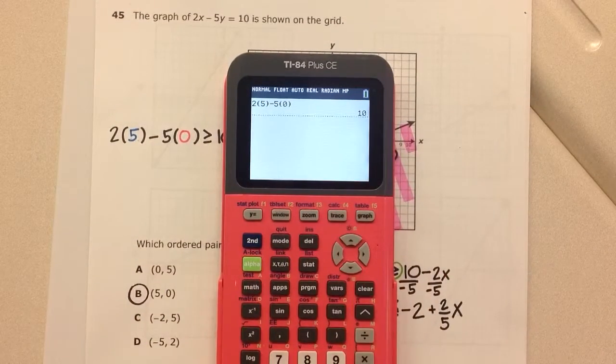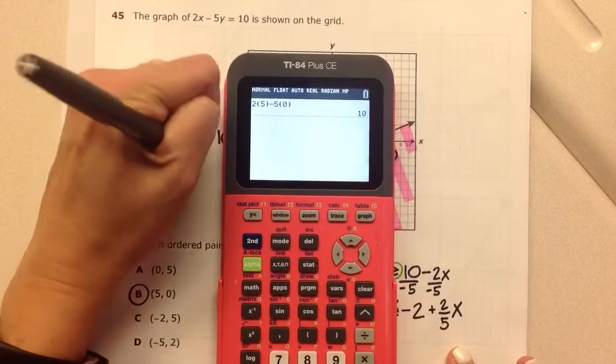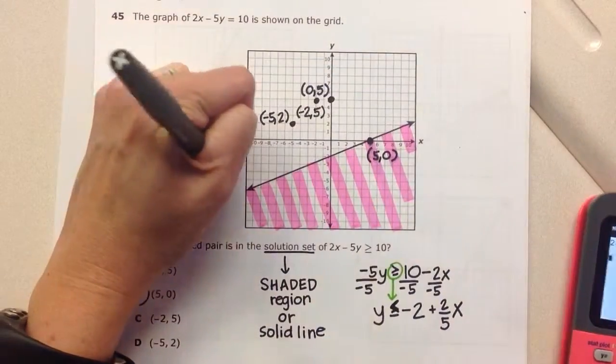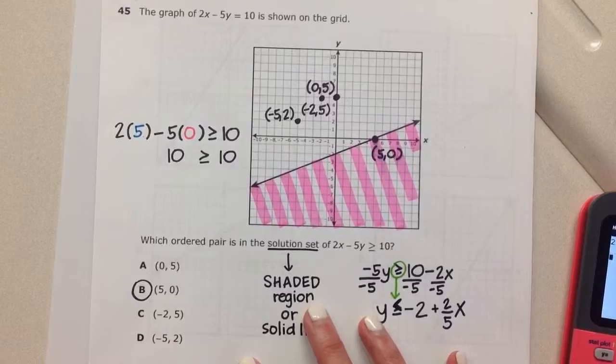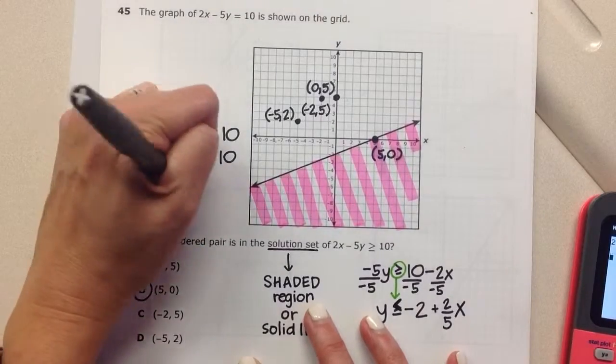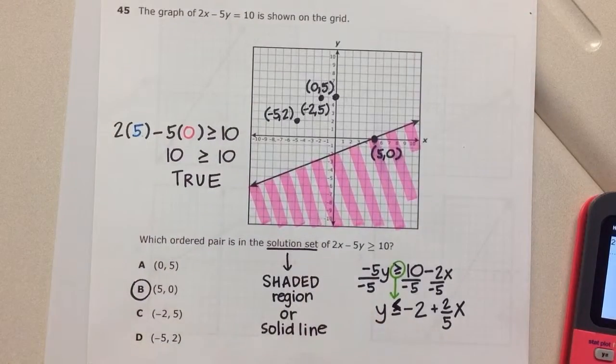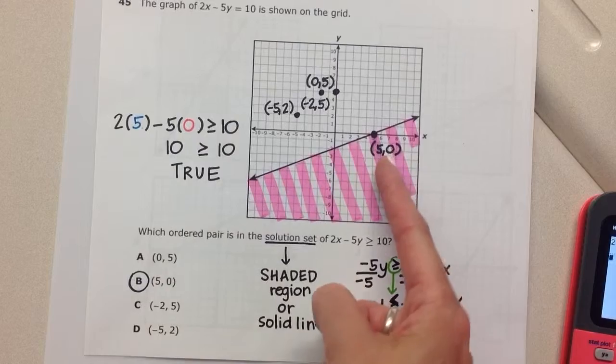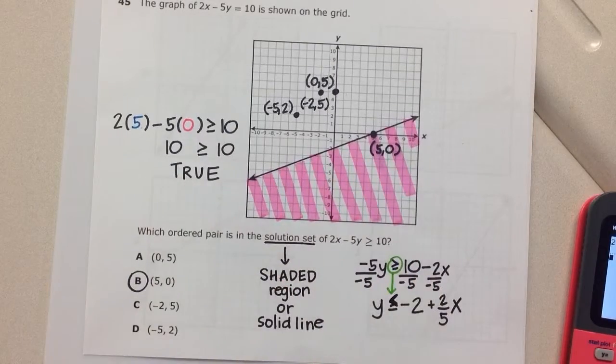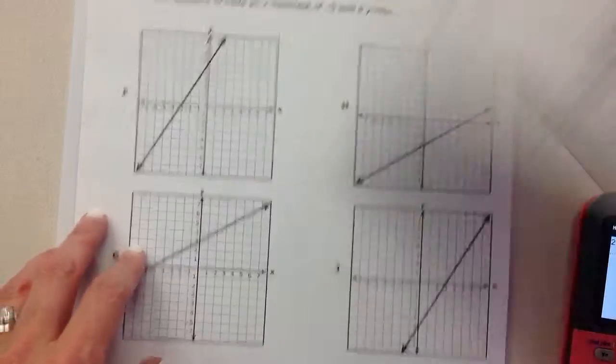I get 10. Is 10 greater than or equal to 10? True or false? That is true because 10 can be equal to 10. So because it's true, that also makes it part of my solution set. I solved it by plugging in and checking my test point, and I got a true inequality, so I know that that is my answer.